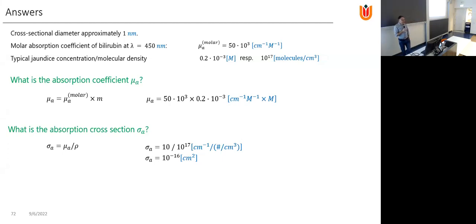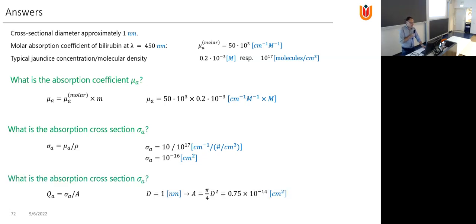Okay, and then for the efficiency, I'll take that one. The cross section is the product of the efficiency and the geometrical cross section. And we knew that the diameter was approximately 1 nanometer.